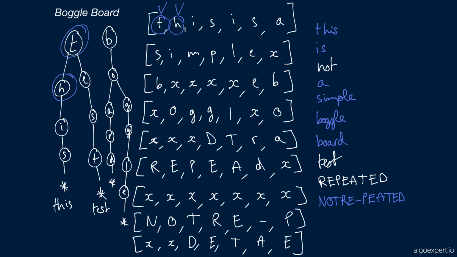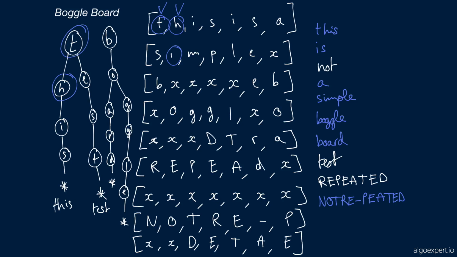And now we explored this I. We have to explore M, I, S, and T to see if these are in the tree level that we're at here, TH. Clearly M is not. Then we get to this I, and I is.